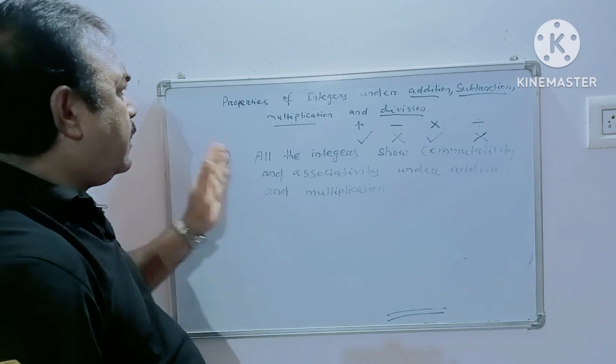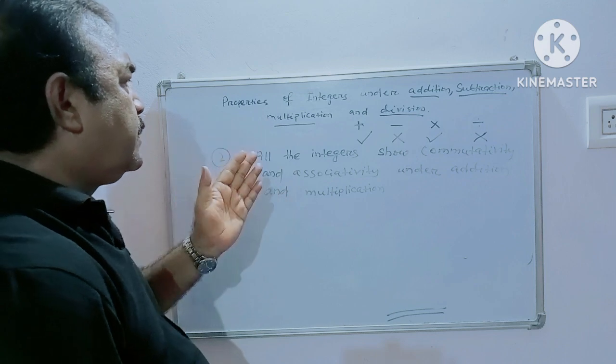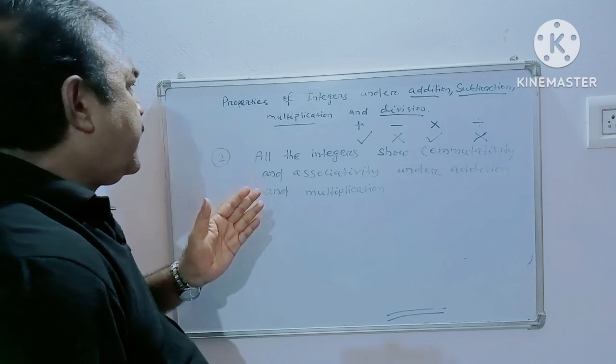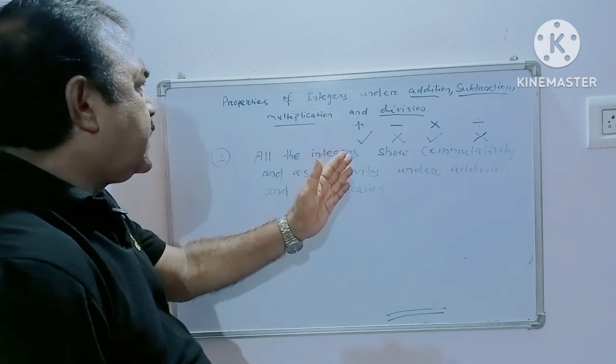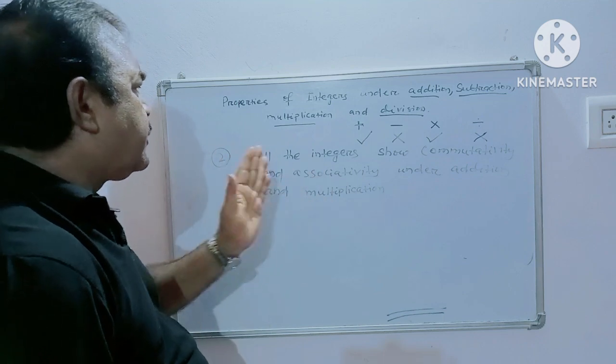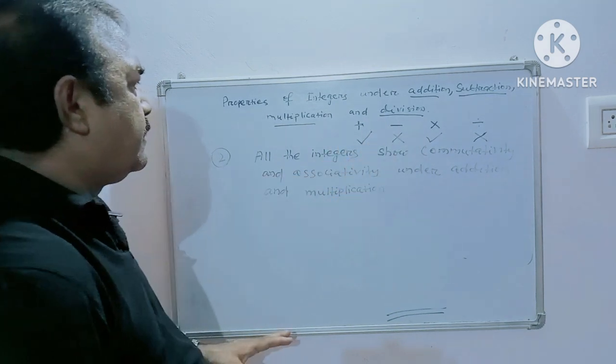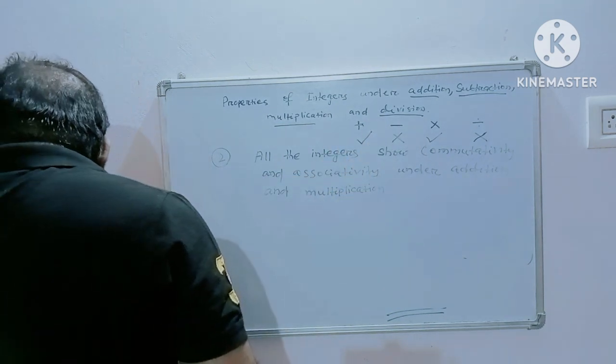First point, all the integers are closed or show the closure property under addition, subtraction and multiplication, and all the integers show commutativity and associativity under addition and multiplication. You remember, this is most important.